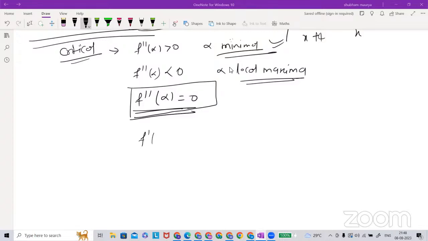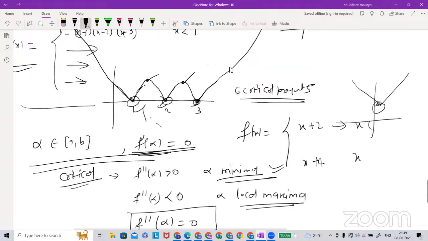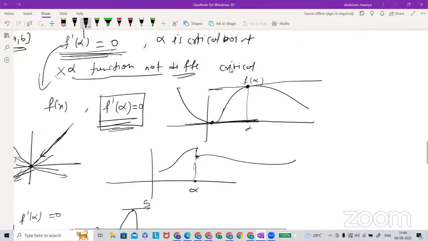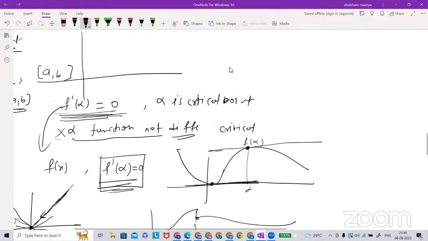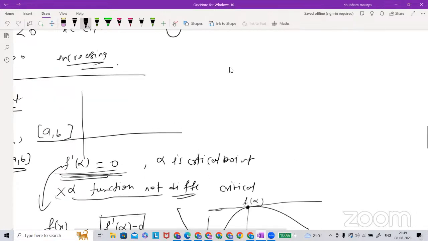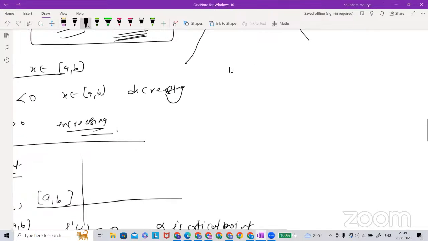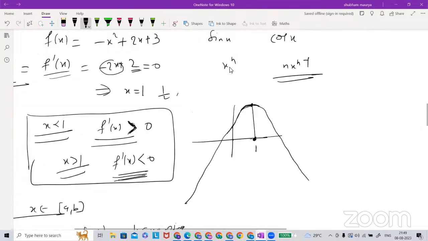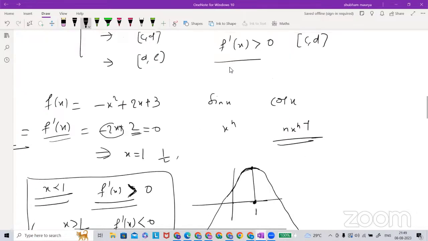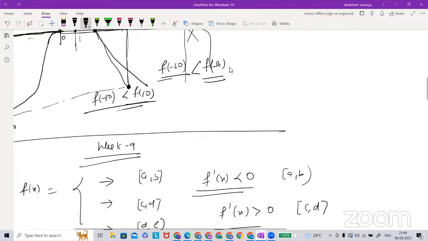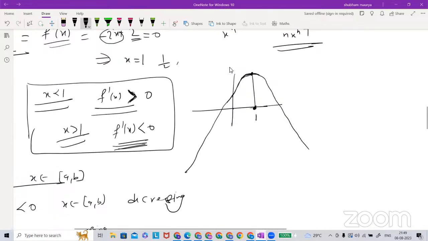So if the double derivative is 0, what will you do? Just now we discussed the case here, where we have to check whether the function is increasing or decreasing.